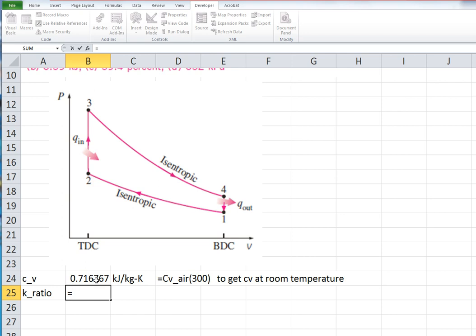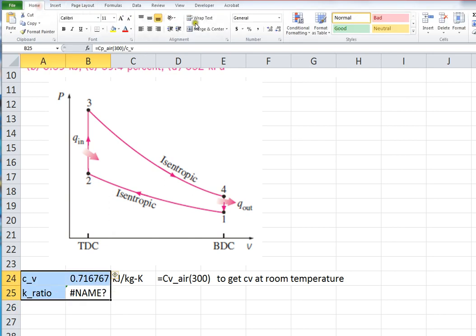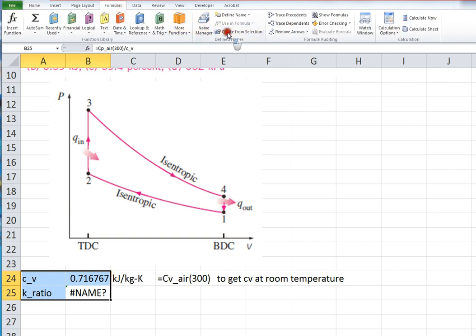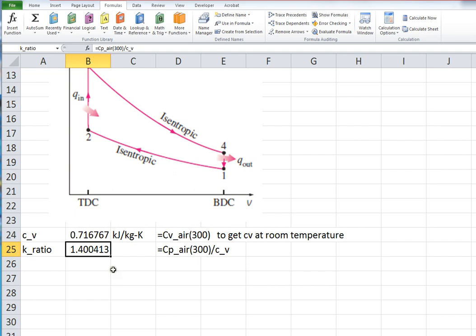So it's the CP at 300 divided by the CV. That ought to help. Okay, and it's 1.4, and if we'd been thinking a little bit harder, we would have come up with that. Those are the properties, and he wants us to treat those as constant.